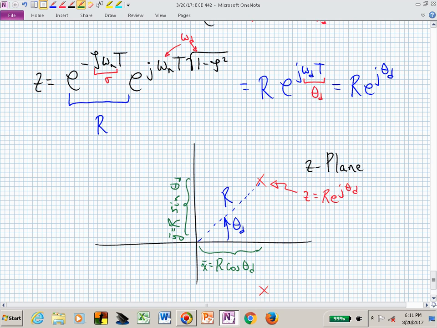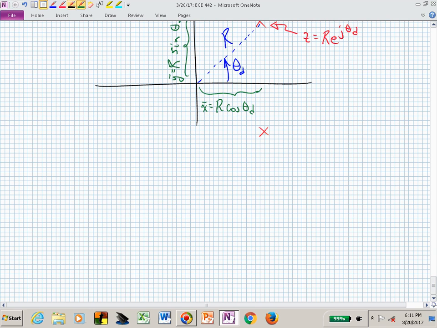Now what we want to do is translate these performance specifications, settling time, percent overshoot, and peak time, into different shapes in the z-plane. They will no longer be vertical lines or horizontal lines. Well, we will have some angles or wedges.